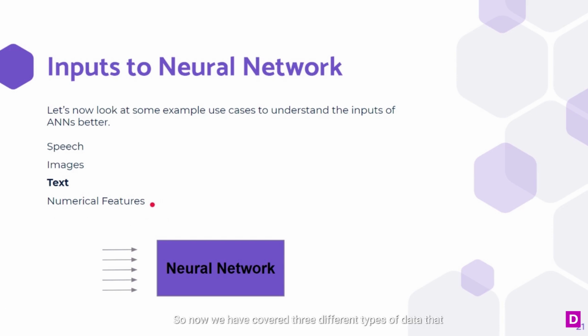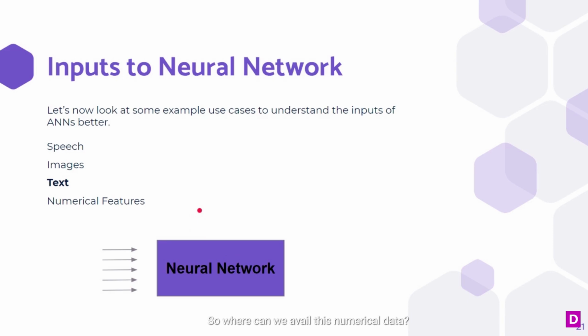Now we have covered three different types of data: speech, images and text. Suppose we already have numerical data or numerical features available, then there is no need for this preliminary step of converting it to numerical form. That makes sense, right? If we already have numerical features, we can directly feed them into the neural network.